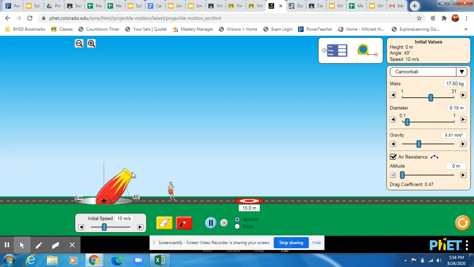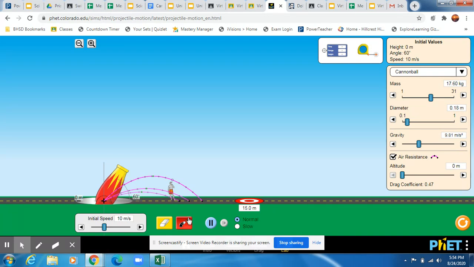Okay, so we're going to do it at 25 degrees, 30 degrees, 45 degrees, 60, and 80. Okay, so those are the angles.